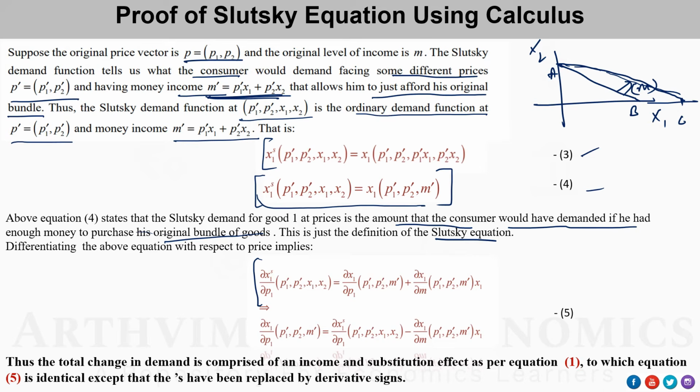And what you get from the expression is a sum of the change in demand due to the change in price plus the change in demand due to the change in income. Here M is the income. So we can observe that equation 5 is basically summarizing this.